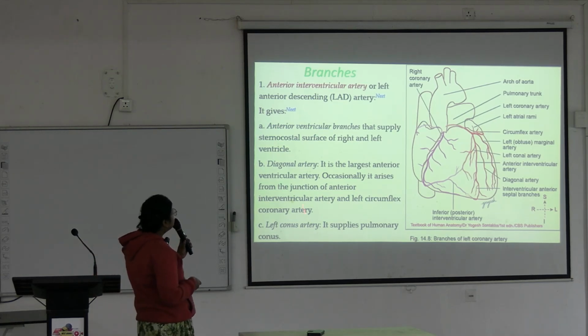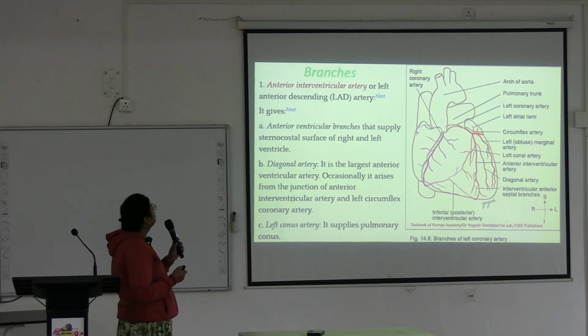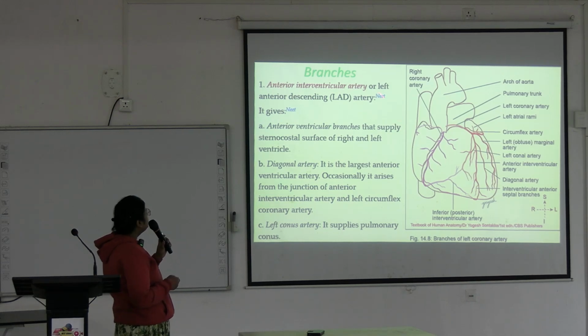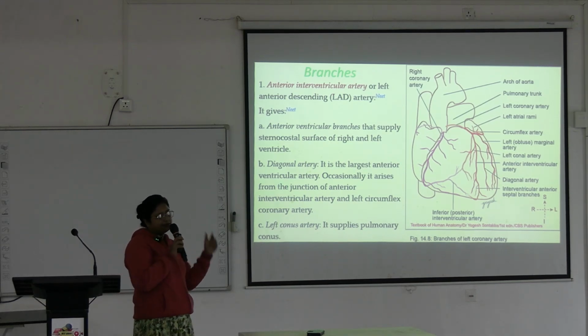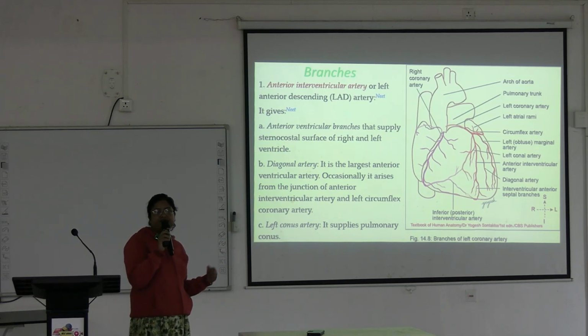Next we will discuss the branches of these arteries. The anterior interventricular artery, or left anterior descending. You have seen this term LAD, left anterior descending, in coronary angiogram plates.